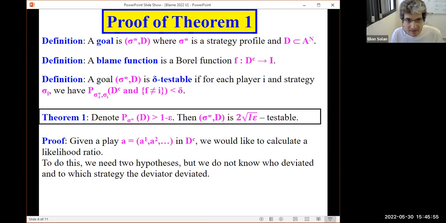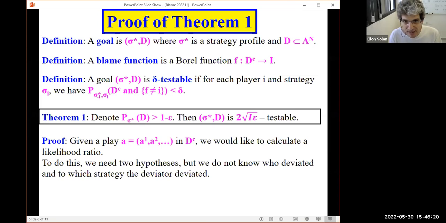The problem is that to calculate a likelihood ratio, we need two hypotheses. We have the sigma star, what Galit should play, and her deviation. But we do not know her deviation. We do not know whether she deviated, and if she deviated, we do not know to which strategy she deviated. So we cannot calculate a likelihood ratio.